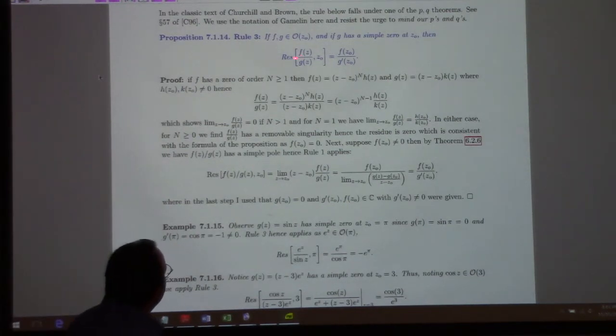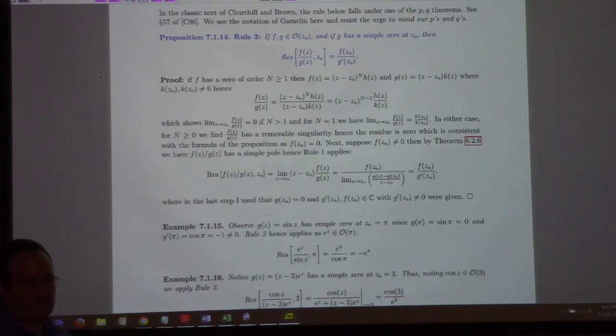So if I have f over g and I'm calculating the residue, and I need that g has a simple 0, that means that the 0 is not repeated. So something like x squared plus x would have a simple 0 at 0. Because x squared plus x, I can factor to x times x plus 1.